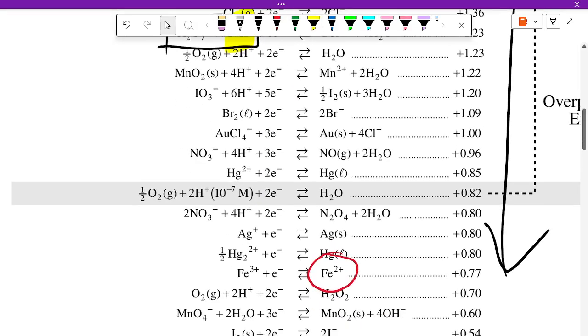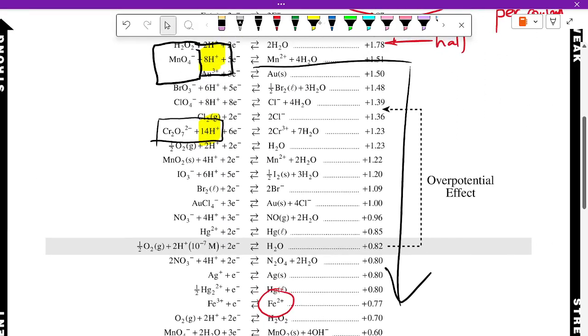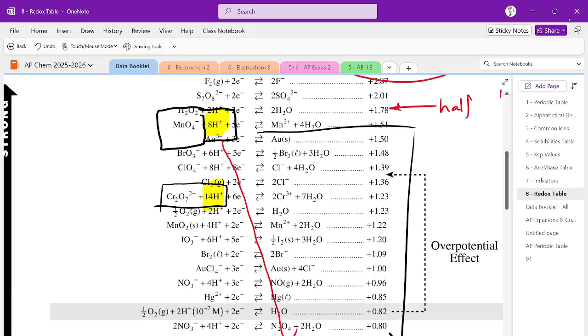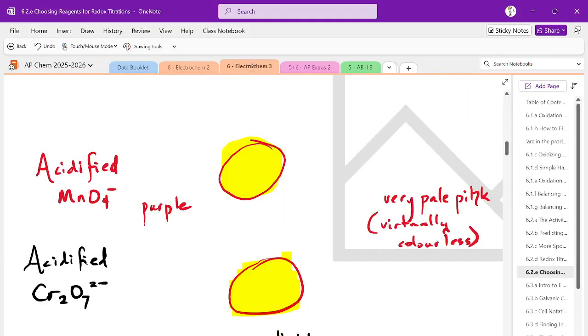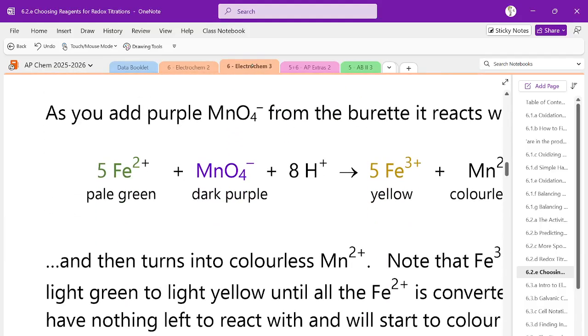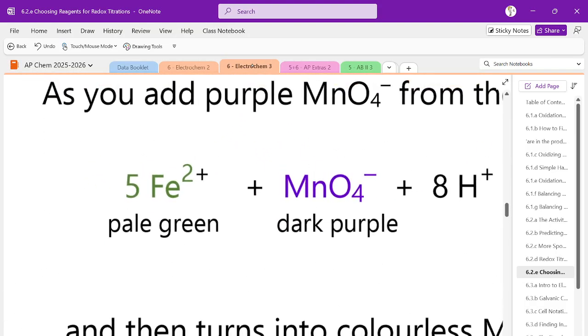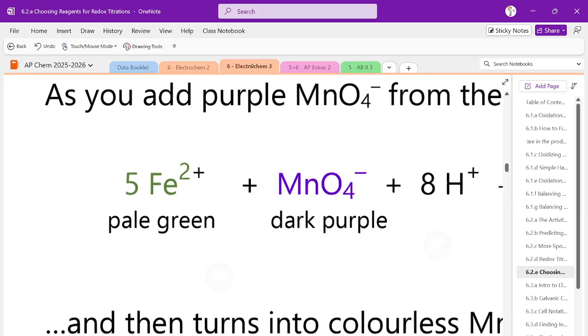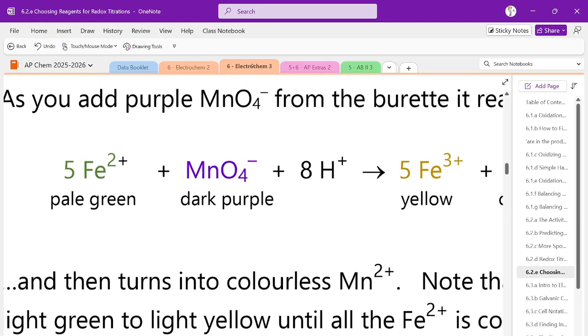Right now we're looking and we're saying, what's going to happen if we react the permanganate with the iron? That's going to be a spontaneous reaction. So we have our pale green Fe2+, we have our dark purple MnO4, and then the pale green Fe2+ turns into a yellow Fe3+.